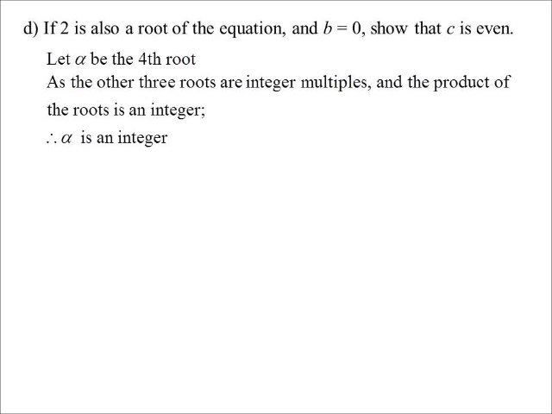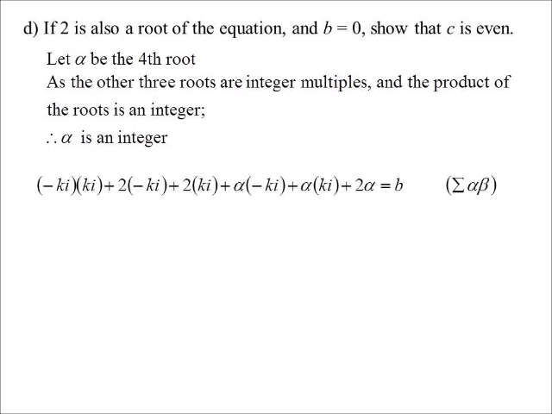I'm now looking at the sum of the roots 2 at a time. Let's tidy that up. Our conjugates have both been multiplied by 2, so they cancel each other out. Same with the alpha ones. So I end up with k squared plus 2 alpha is equal to 0.